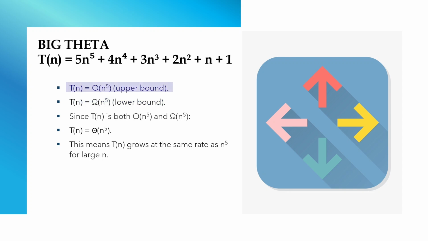And at most 15n raised to power 5, which is the upper bound. And the big theta is in between the lower bound and the upper bound. And because both bounds are in the form of n raised to power 5, we can now say that T(n) grows exactly at the rate of n raised to power 5, ignoring the constant factors. So this means that T(n) is the big theta of n raised to power 5.